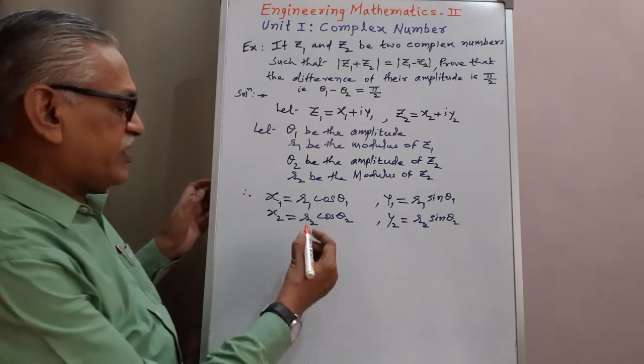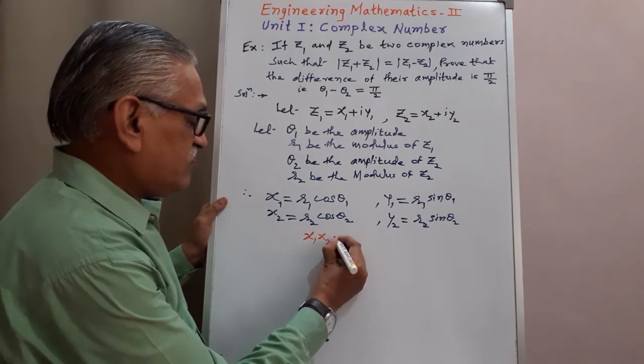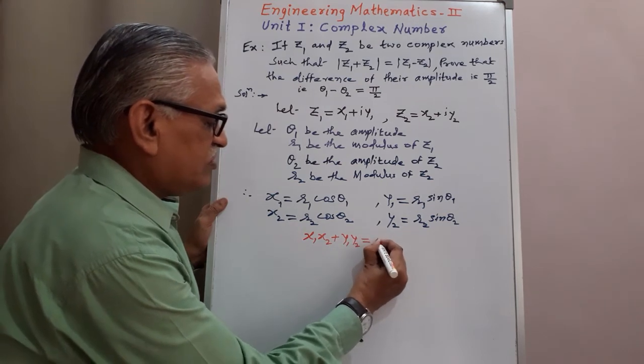Substituting this in equation 3, x1x2 plus y1y2 is equal to 0.